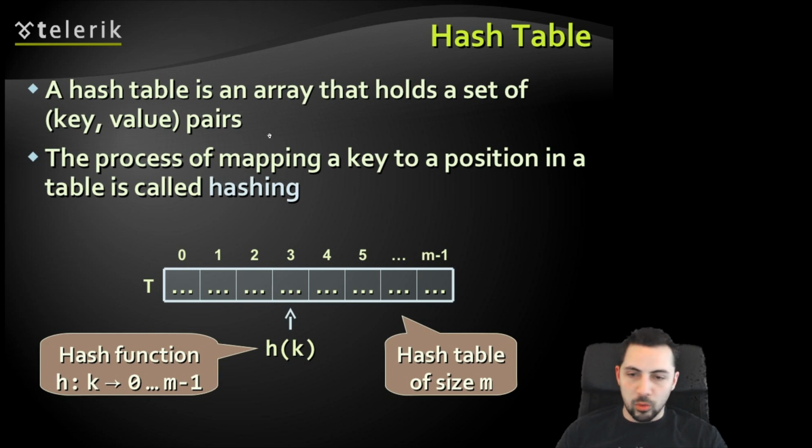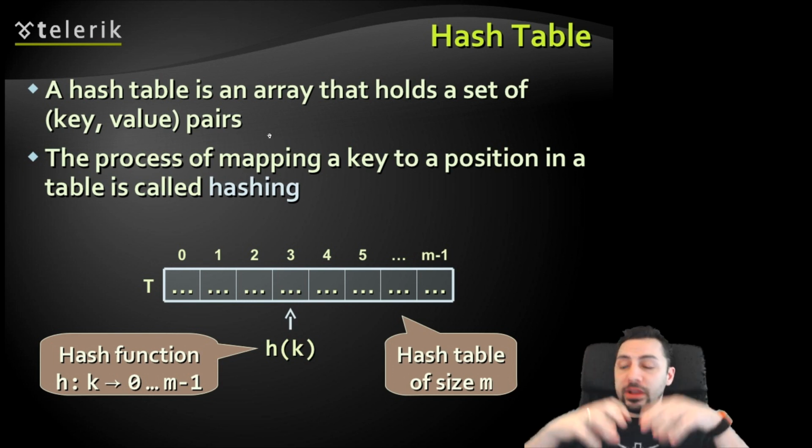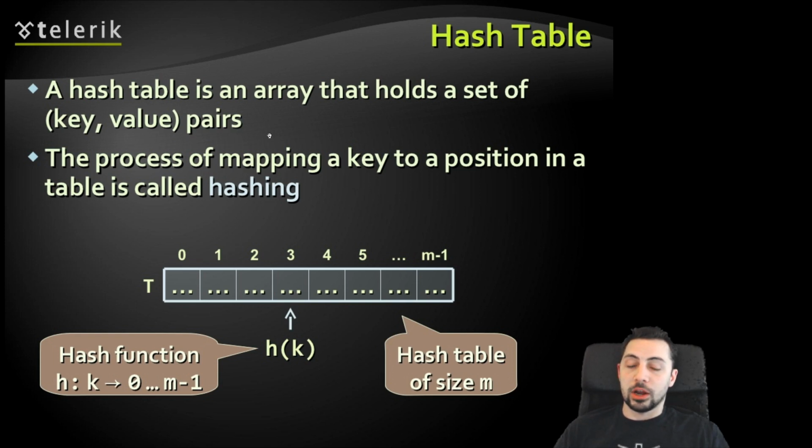So if we take the word cold, maybe it has a hash of 7. So every time we hash cold, it's going to give us the number 7. And a good hashing function will make it such that no other word will hash to 7. It's harder in practice than it sounds.